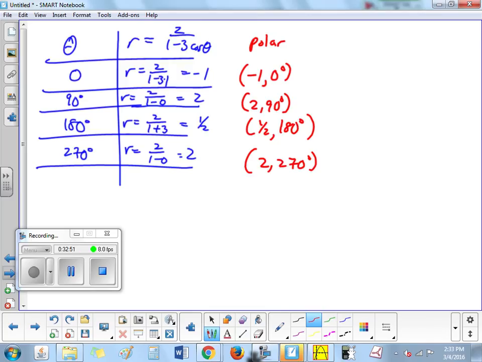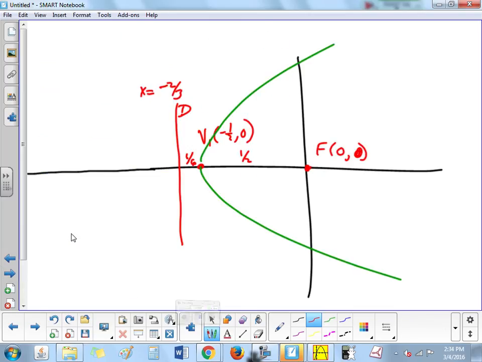So let's go back to our drawing and let's plot these guys. The first one to plot is 0 degrees, negative 1. Let's see, where would that go? Because 0 degrees is here, but how do you plot negative 1? Like, do you go towards the 0?